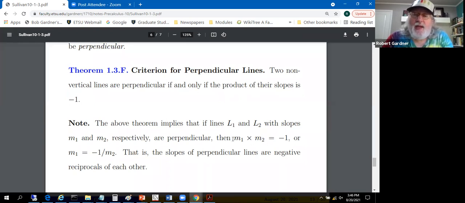This can be rearranged to solve for, say, m sub 1: divide both sides by m2, and we get m sub 1 is -1 over m sub 2. That is, the slopes of perpendicular lines, when you avoid the vertical lines, are negative reciprocals of each other. That might sound familiar. Slopes of perpendicular lines are negative reciprocals of each other. Let's go through the proof.